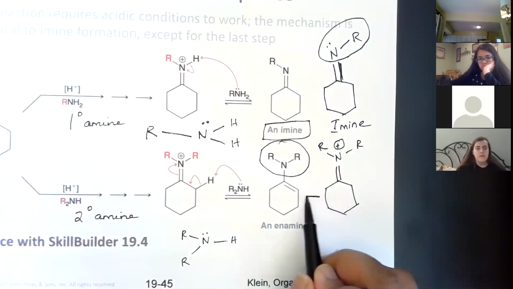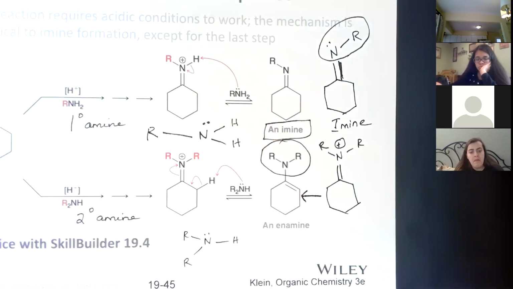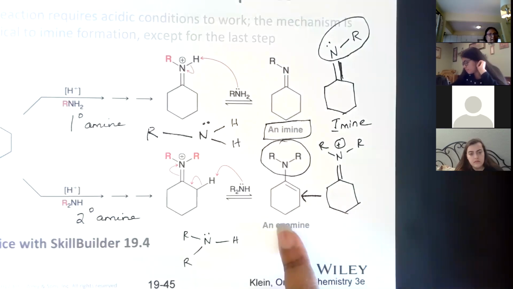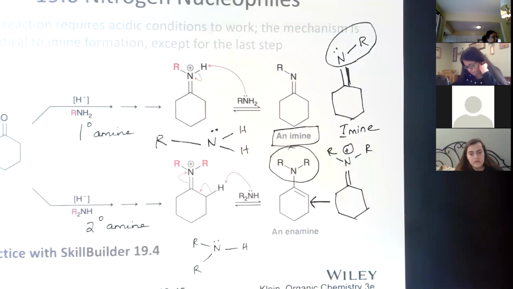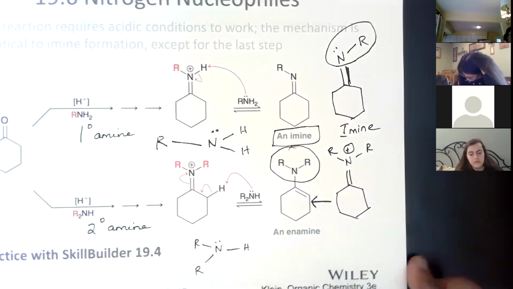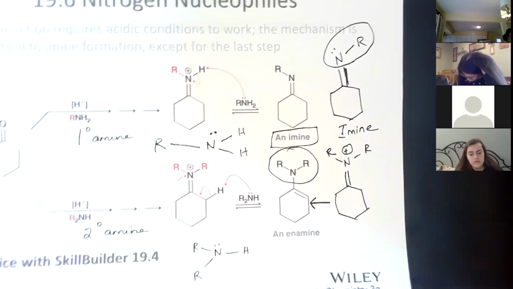That's when you'll see in the mechanism, that's when it becomes an enamine. An ene has an alkene and then a carbon-nitrogen single bond. The mechanisms are very similar. You'll get something like that. That'll rearrange to give something like that. All right. So you have to know the mechanism. Got that? Okay.